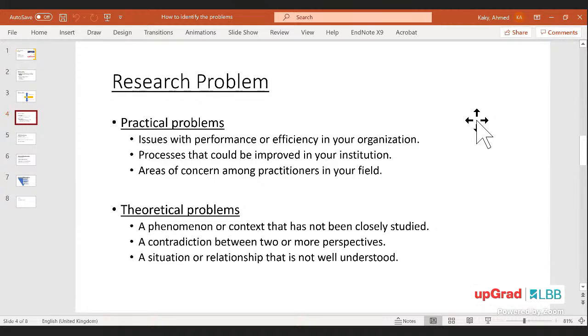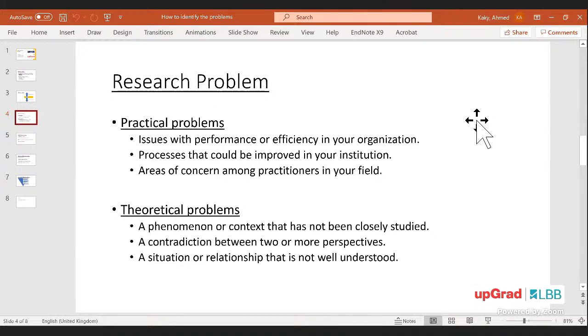If your research is linked to a job, then you need to find a research problem that has practical relevance for your current organization, your institution, or the place you are working at currently. Or we could work on theoretical research problems. This type of problem focuses on expanding current knowledge and understanding rather than directly contributing changes to a service, a solution, or developing new programs.